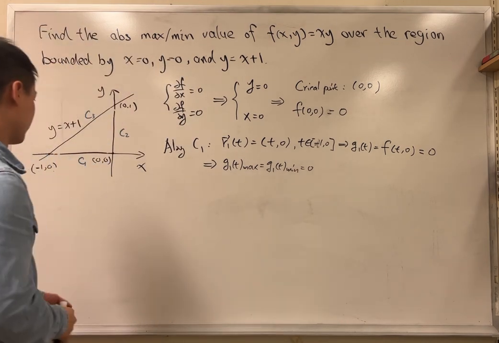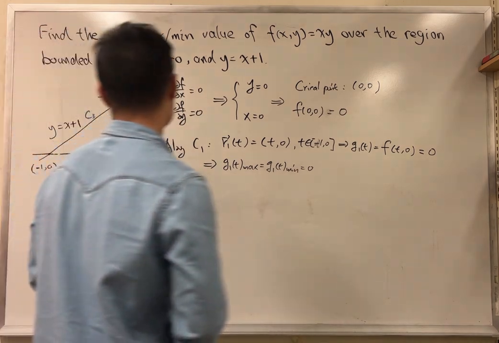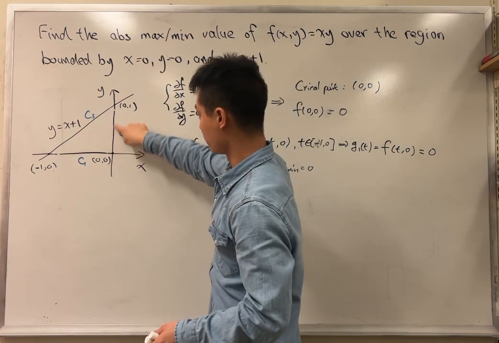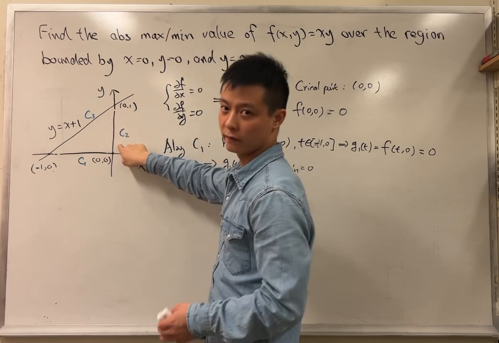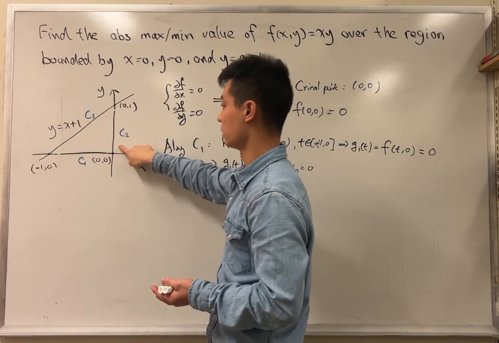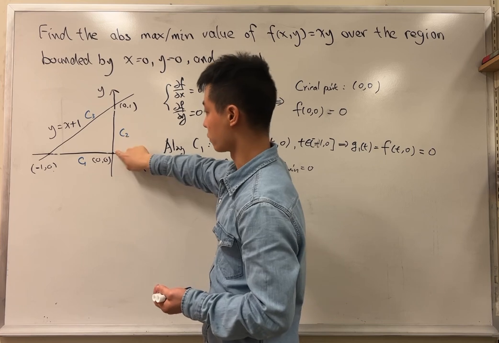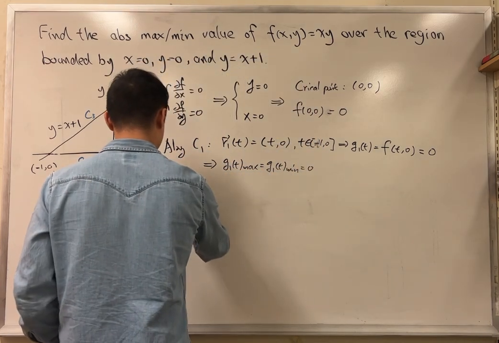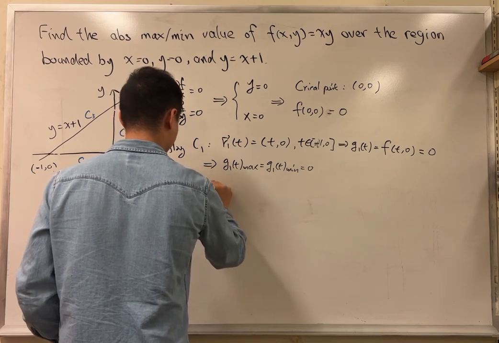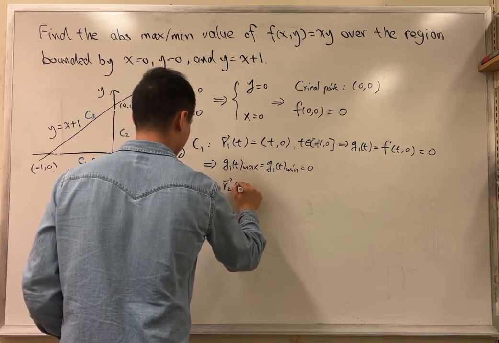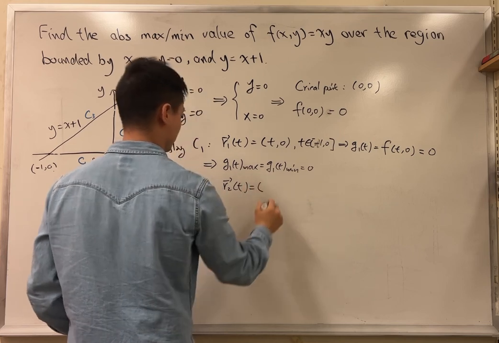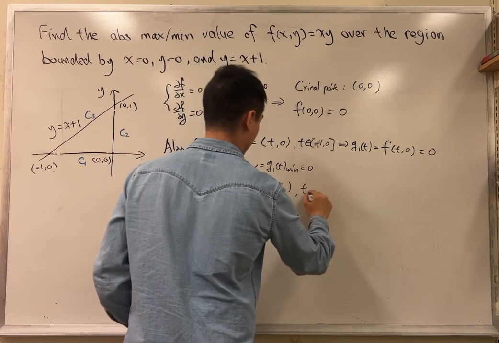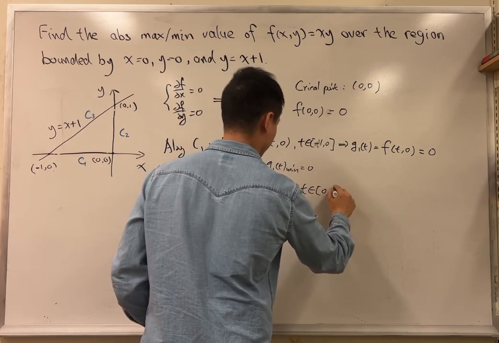Then take a look at the line segment C2. Each of the points on this line segment has x-coordinate equal to 0, while the y-coordinate ranges from 0 to 1. So along C2, we have r2 of t equal to x being 0, y being t, where t ranges from 0 to 1.